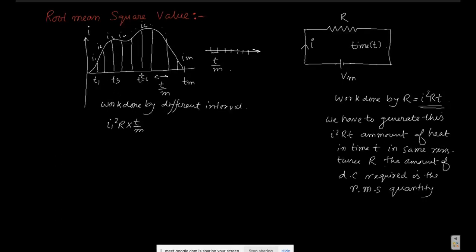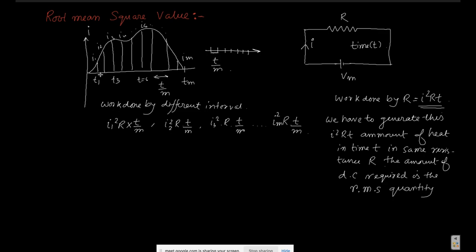Each and every part, we can chop it in equal intervals, m number of equal intervals, so each interval should be T by m. So I1 square R into T by m, second one is I2 square R into T by m, third one is I3 square R into T by m, like this up to Im square R into T by m is the individual work done.